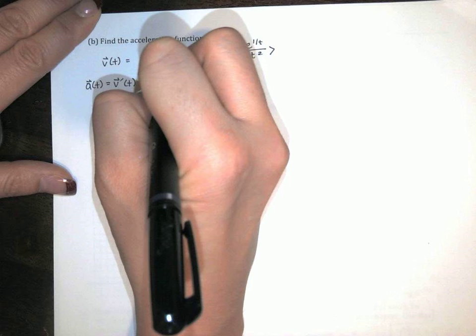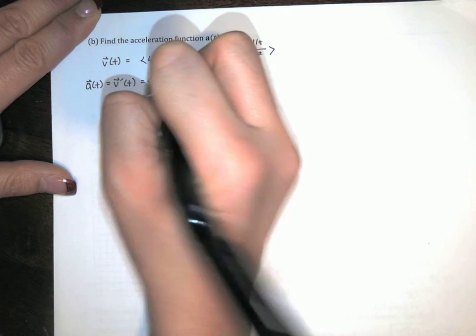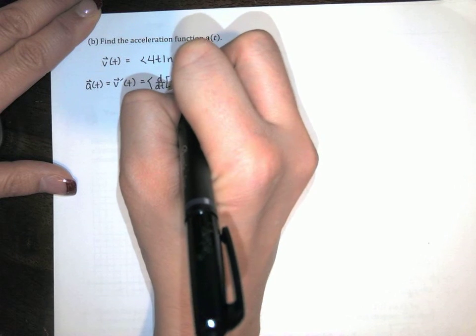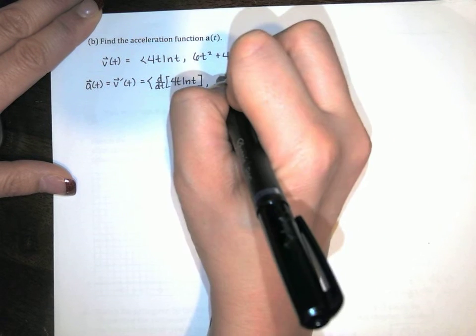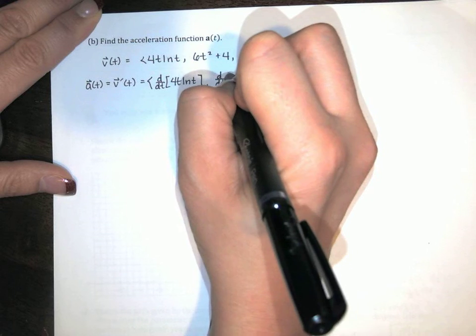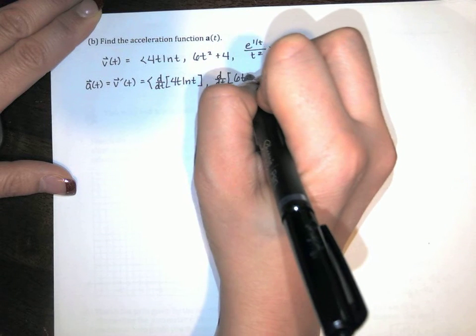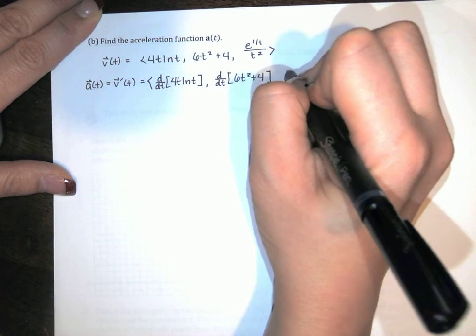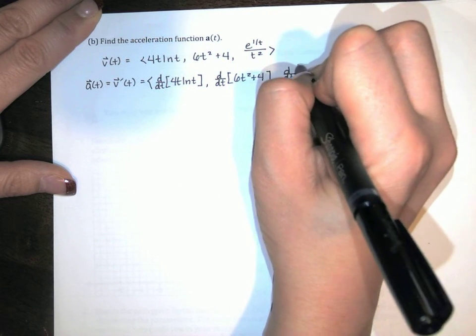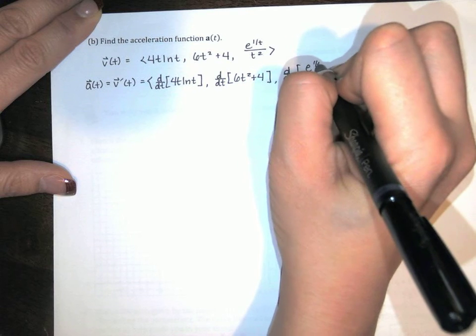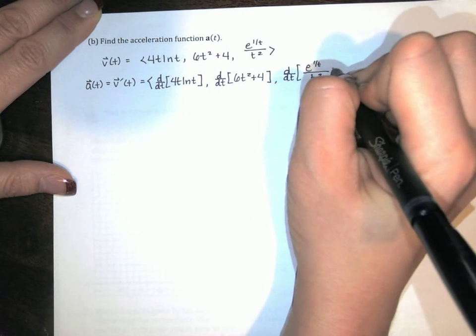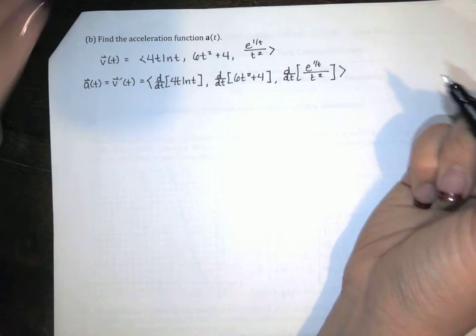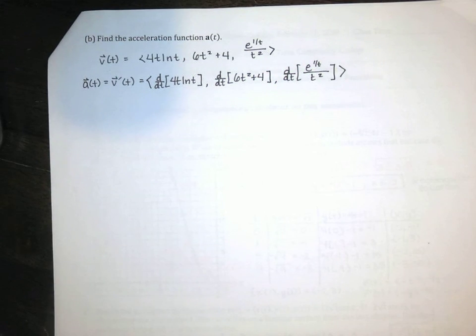So we just need to take the derivatives of each of these guys, component by component. It's not too bad at all. Just have to remember our product rule, our quotient rule, our chain rule, and our power rules, and all those rules from Calculus 1.